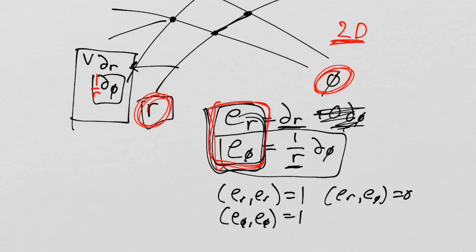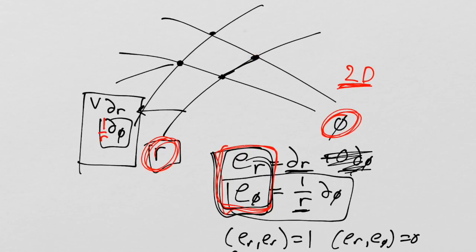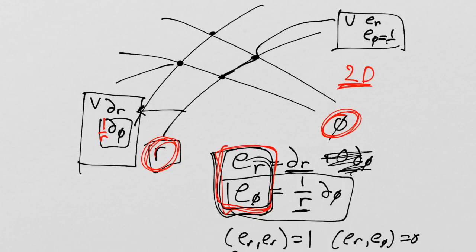So I've created an orthonormal basis system by just introducing this factor of 1 over R. So that's great. Now I can do that at every point in space-time. I now have a vector space installed where I'm dealing with ER and E phi, which I know is 1 over R times the coordinate basis partial R.